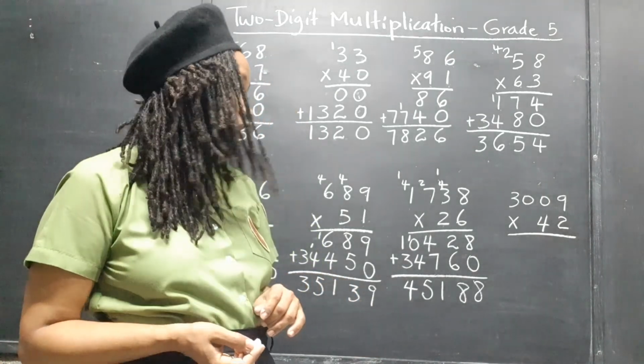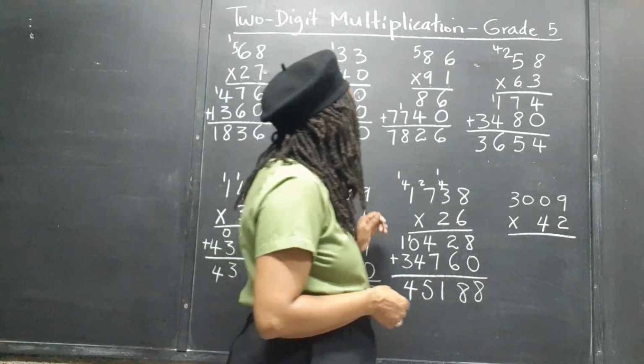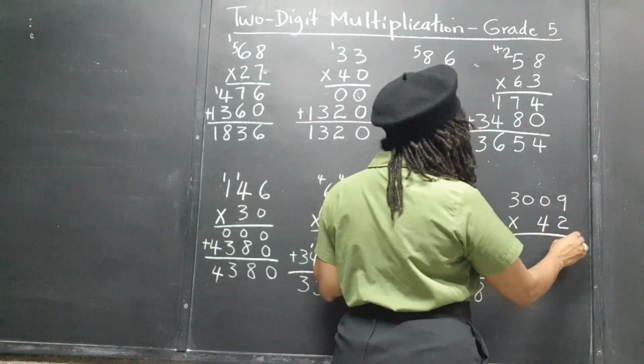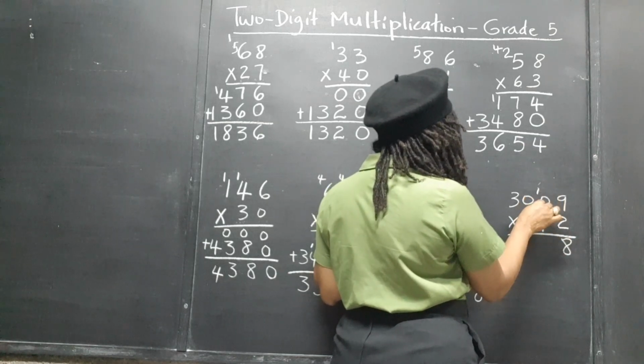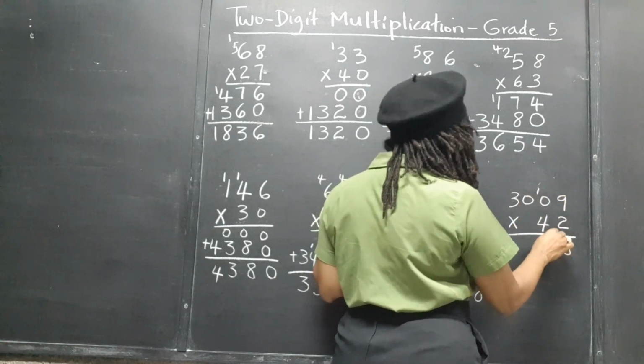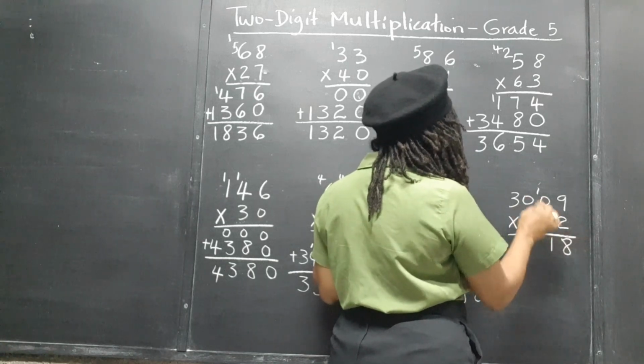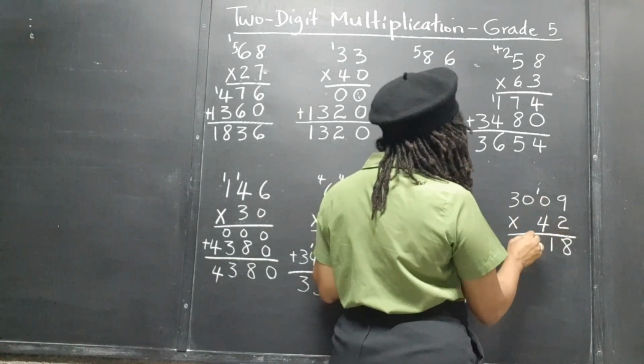And finally, 3,009 times 42. 2 9s are 18, so that's 8, carry 1. 2 times 0 is 0, plus 1, that's 1. 2 times 0 is 0, 2 3s are 6.